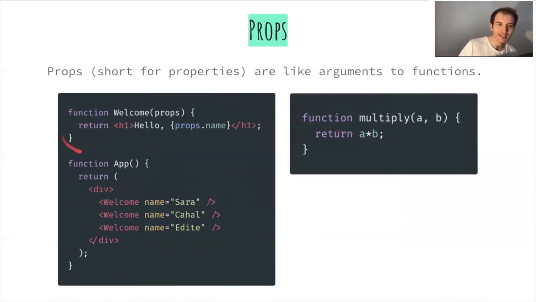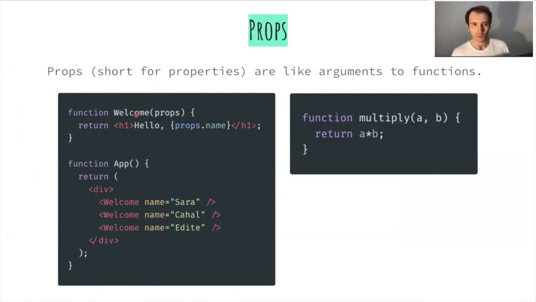We can see here with this welcome component on the left, this is also a functional component, it's also a function. So it stands to reason that we should be able to give arguments to that function and then get back a different kind of output depending on what those arguments were.